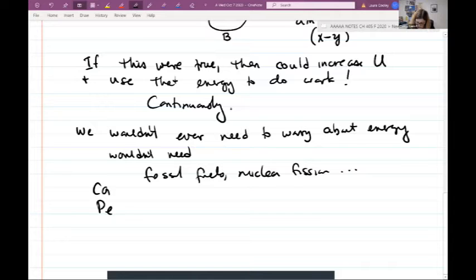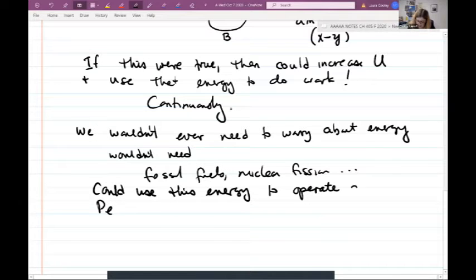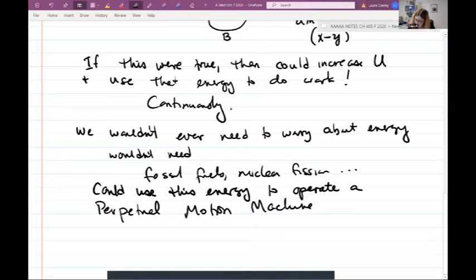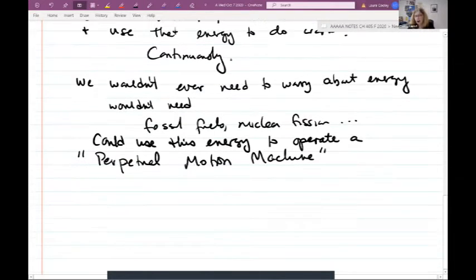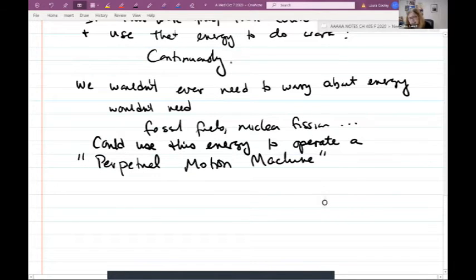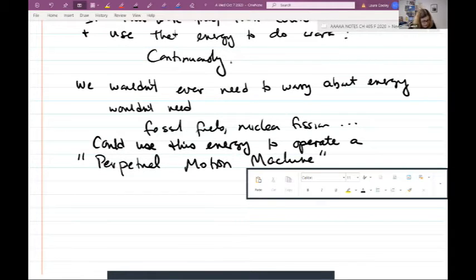So you could use this energy to operate a perpetual motion machine. And, you know, there were a lot of people who've tried to make things like this and failed.